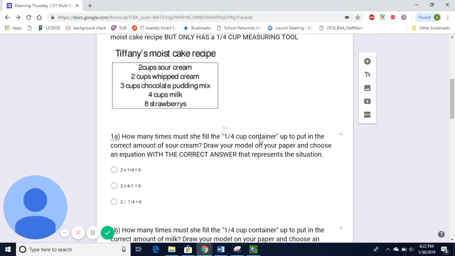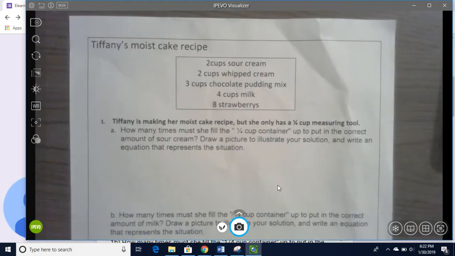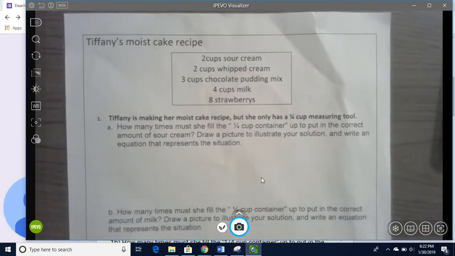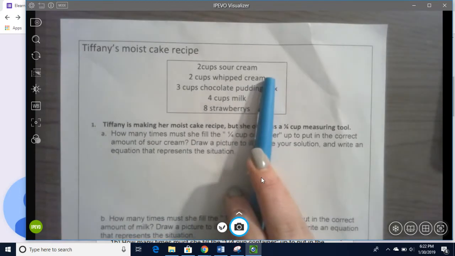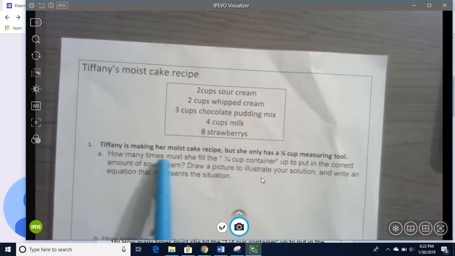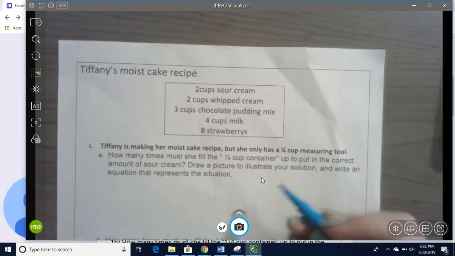Okay, so we're doing this one right here. We'll do the answer together, and then you'll move on and work independently. All right, so it's right here, same thing. Here is Tiffany's cake recipe. If she's making this recipe but only has 1/4 cup measuring tools, that's going to be important.